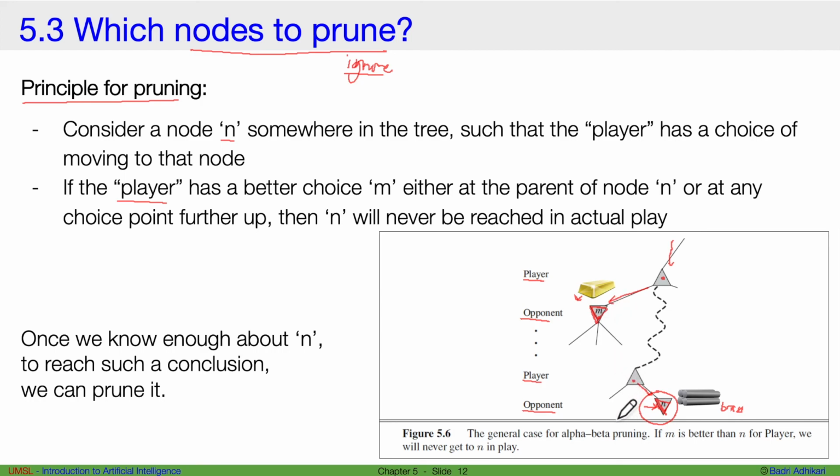It is, however, possible that there may be better nodes towards this side of the tree.